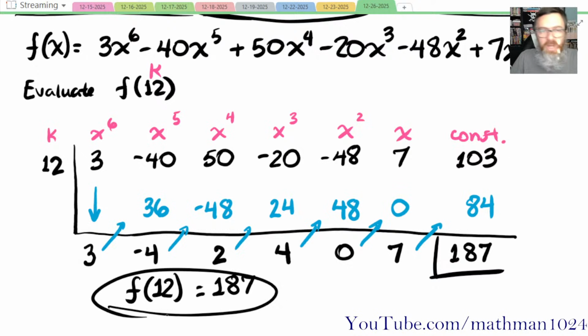We had to peel off from that what the actual answer was, which was evaluating f of 12 equaling 187. So you see that we didn't really have a lot of large numbers to deal with until the very last step. I don't even know if I would consider 84 a large number. But it's a whole lot easier than actually replacing all of the x's with 12. At least, that's what I think.